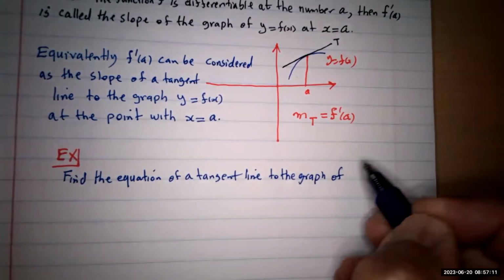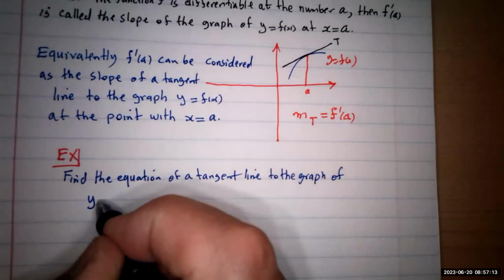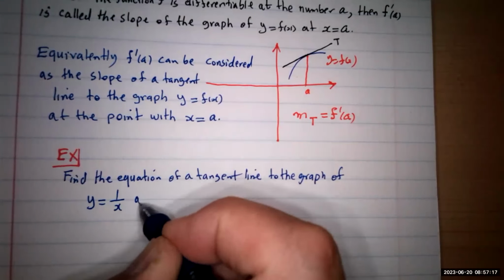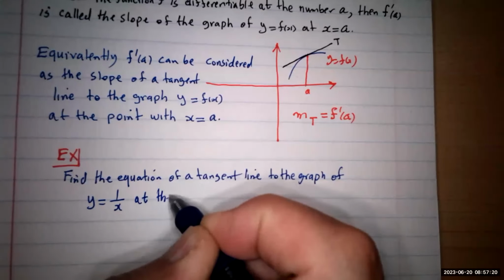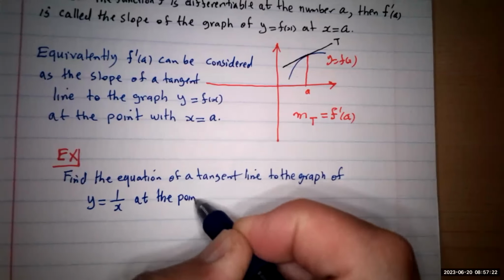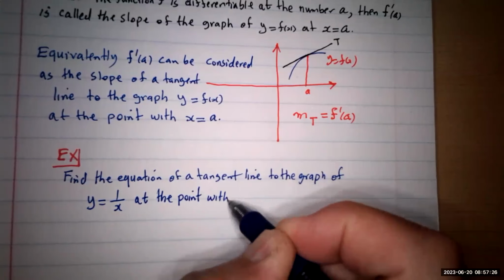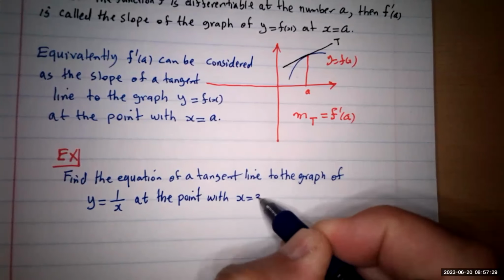Something easy: y equals 1 over x. And you want to do it at the point with the x value of 3.